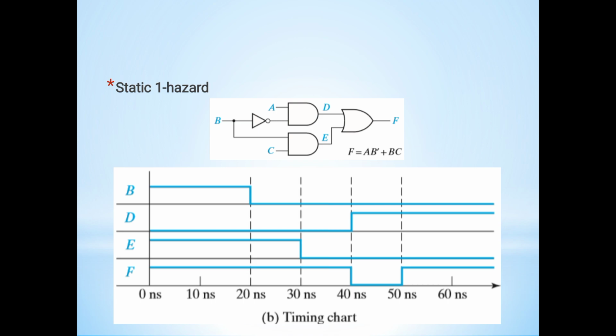But if you see the timing chart, the output switches to 0 between 40 nanoseconds and 50 nanoseconds, where it should have remained 1, but it switches to 0 and goes back to 1. This switching from 1 to 0 should not occur. So this is a static hazard.